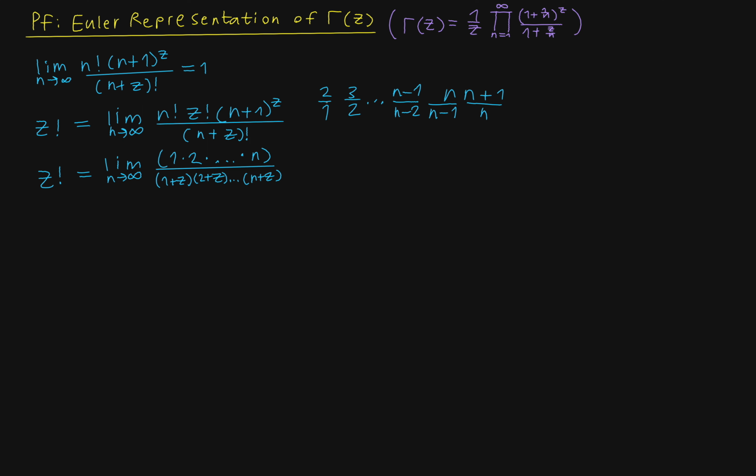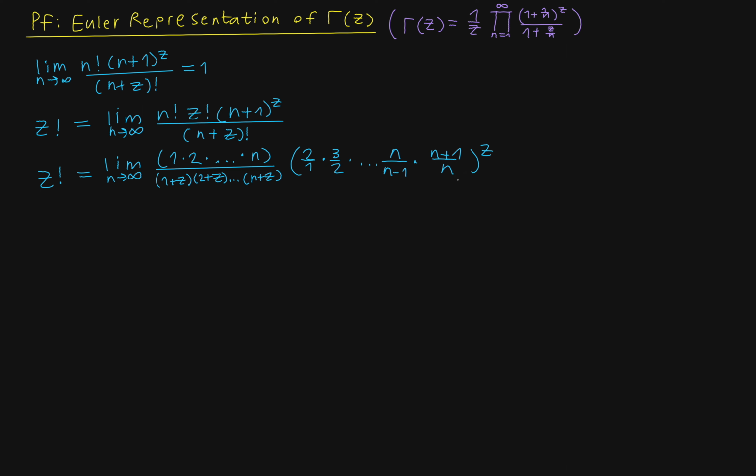Again, because of the way that the numerators and denominators cancel, this is still n plus 1, but we can rewrite it as this product. So what we're going to have is 2 over 1 times 3 over 2 and so on to n over n minus 1 times n plus 1 over n, and this is all raised to the z power.